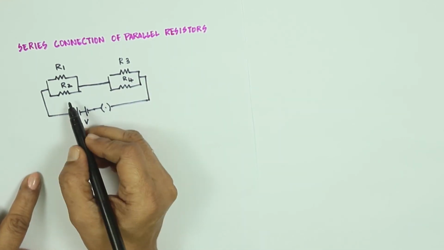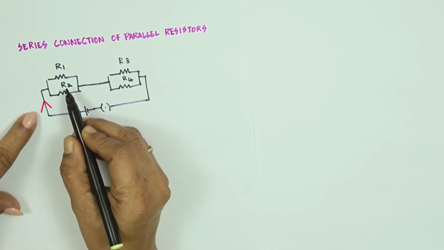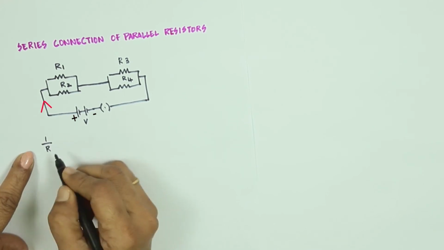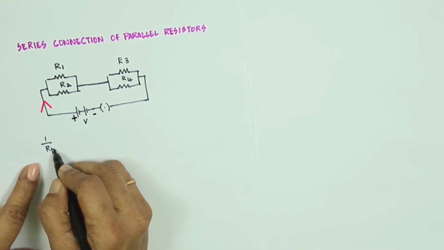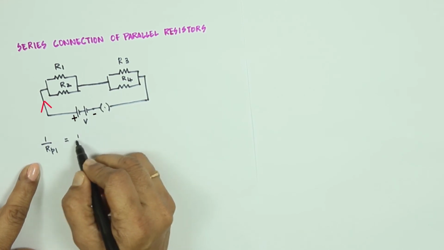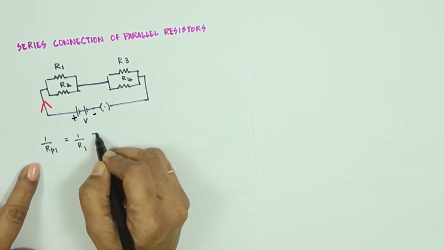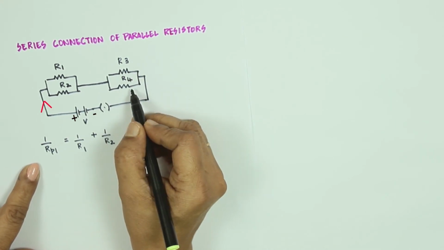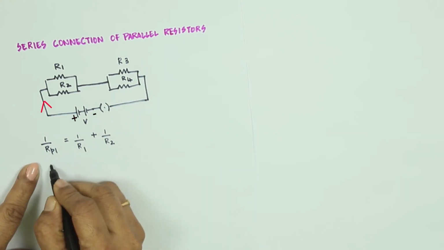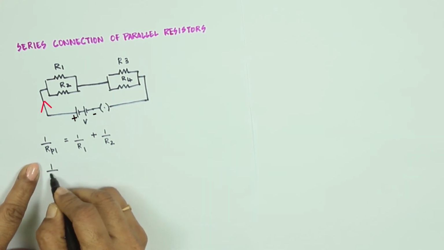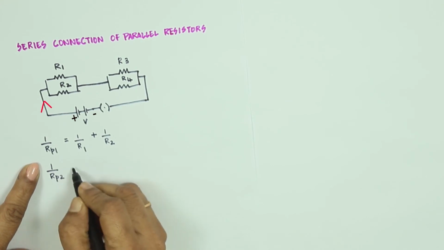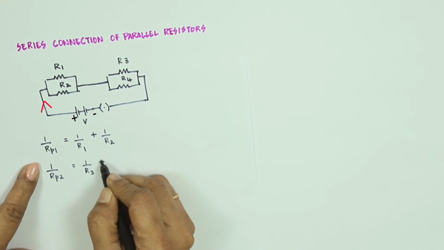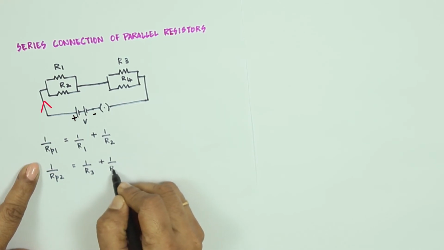Now we shall find what is the effective resistance in the first parallel circuit. So for the first parallel circuit I write 1 by Rp1, which is equal to 1 by R1 plus 1 by R2. Similarly in the second parallel connection we write the total resistance as 1 by Rp2 is equal to 1 by R3 plus 1 by R4.